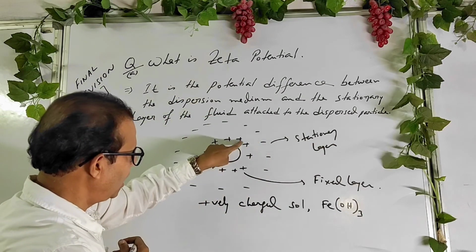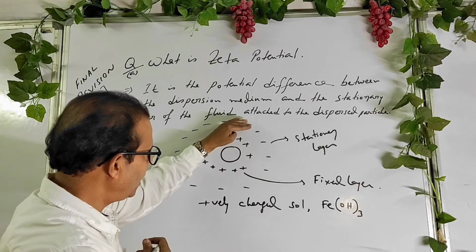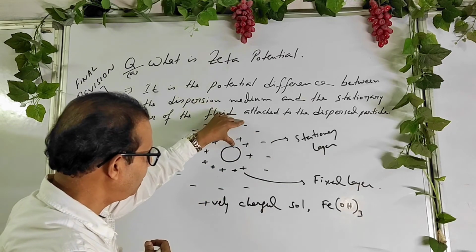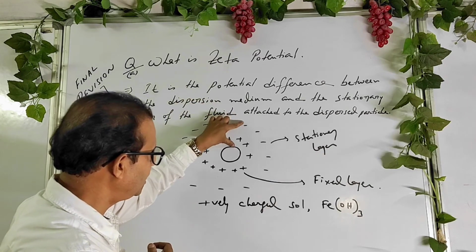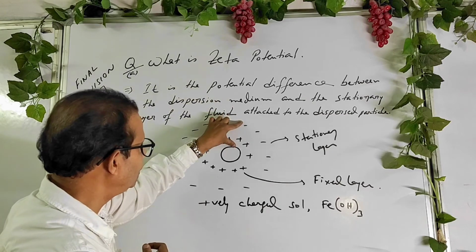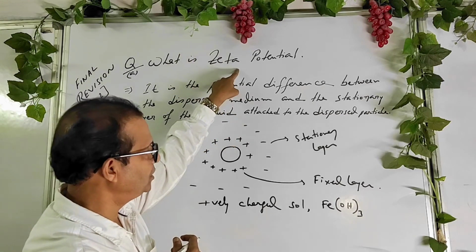In between the fixed layer and the stationary layer, there is a difference in potential. That difference of potential is called Zeta potential.